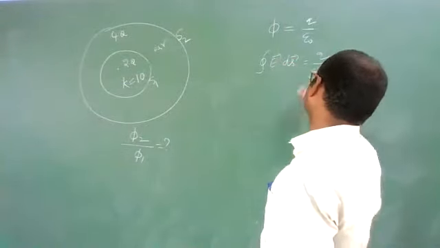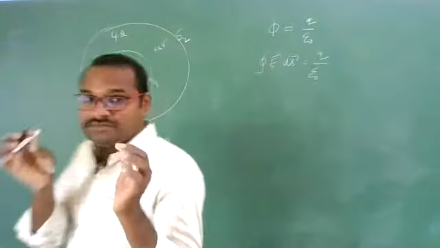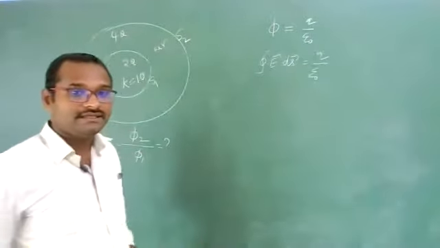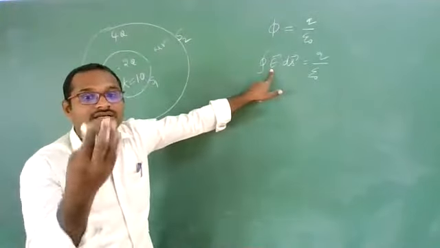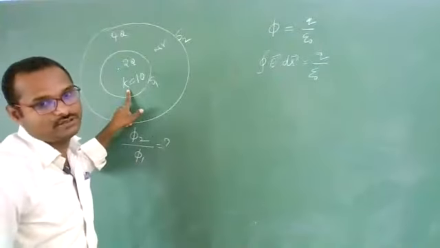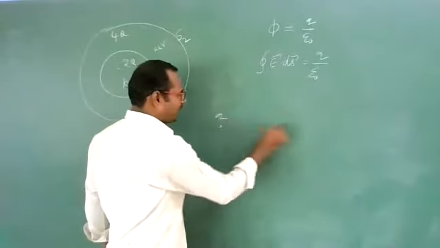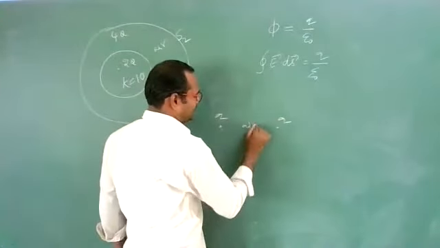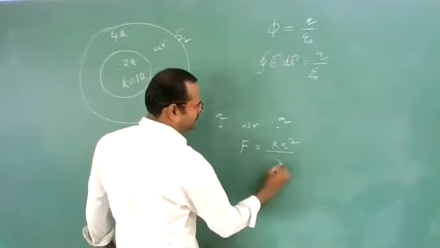Whenever a medium is filled with a different dielectric material, then the electric field in that medium will reduce by a factor of the dielectric constant. As you know, when two charges Q and Q are in air, the force between them can be written as kq square by r square.